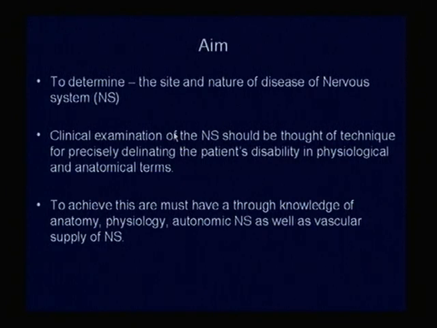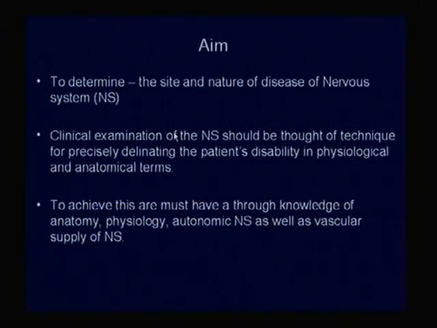So, the clinical examination of the CNS should be thought of as a technique for precisely delineating the patient's disability in physiological and anatomical terms. To know all these things, one must have a thorough knowledge of anatomy, physiology, the autonomic nervous system, as well as the vascular supply of the brain.